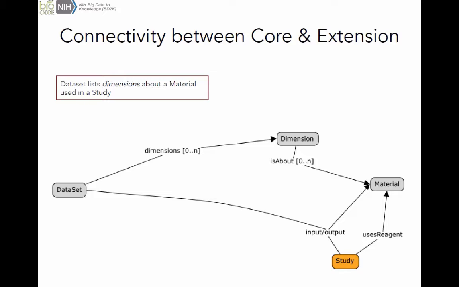We can see the relation from the dimension, denoting a set of material which are then input or output to a study, and the study may use a reagent as well as a form of material. So that's where we can have the path towards the dimension from the study itself, even though you do not necessarily have to use a study.